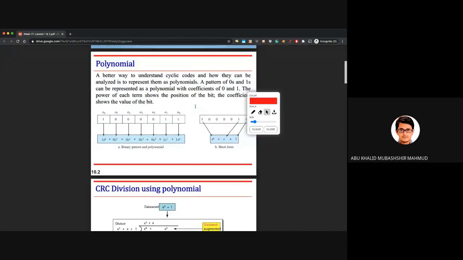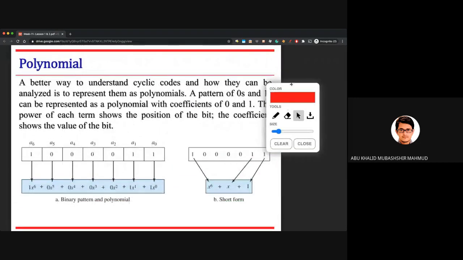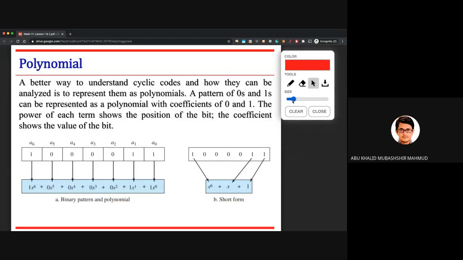We were discussing errors: how can we detect them, how can we represent them, and how do we process an input to get rid of the error. Another way to represent the messages, the bits, is as polynomials.